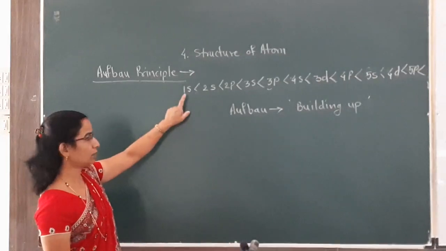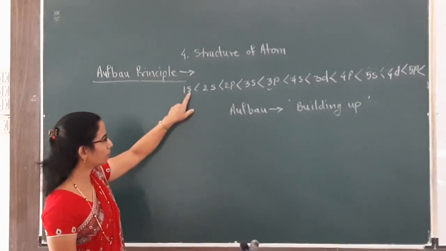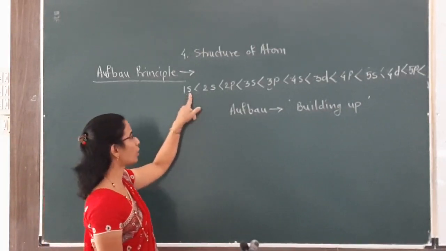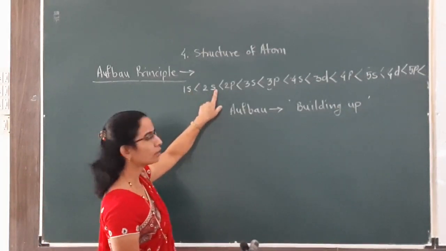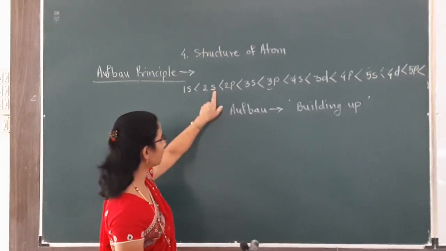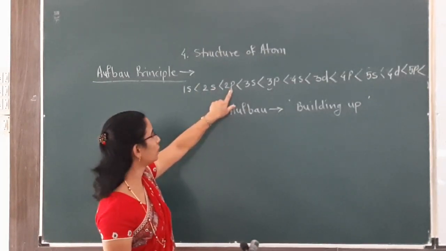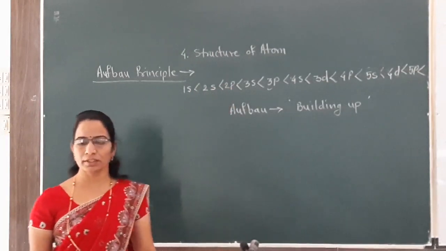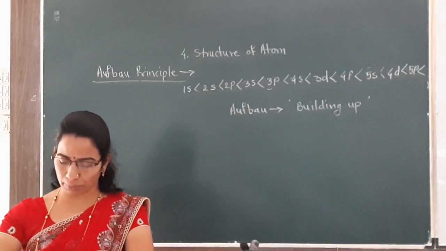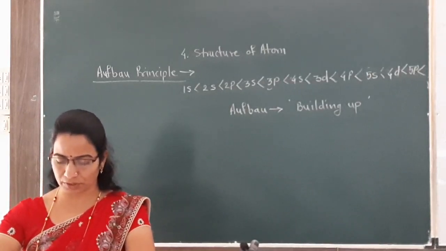It means the electrons are filled first in the 1s orbital. Once this 1s orbital is filled, then they will go towards the 2s orbital. Then again they will go into the 2p orbital. In this manner the electrons are arranged in different orbitals with the help of this principle.